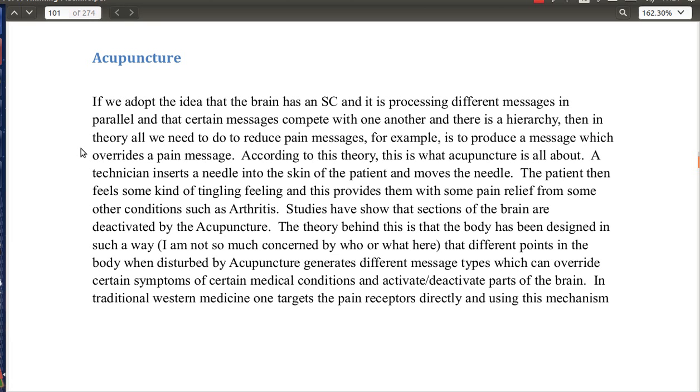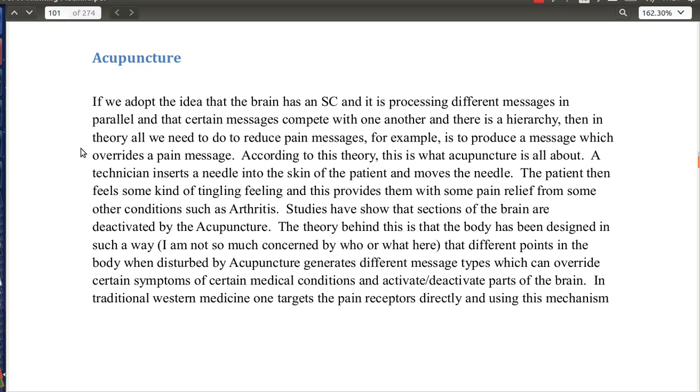It's pretty simple. These zones produce messages of a particular type and of a higher priority. So in other words, if you give acupuncture to someone in a particular part of their body, and they get pain relief, what that really is telling you is that the messaging coming from the region stimulated by the needles has a higher priority in your system consciousness, in your brain, than the messaging coming in regarding pain.